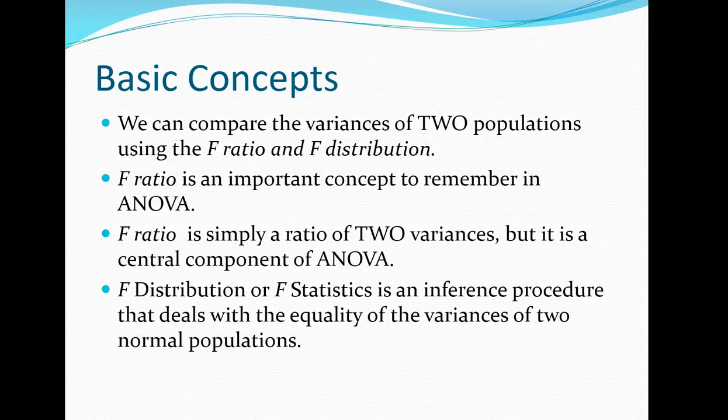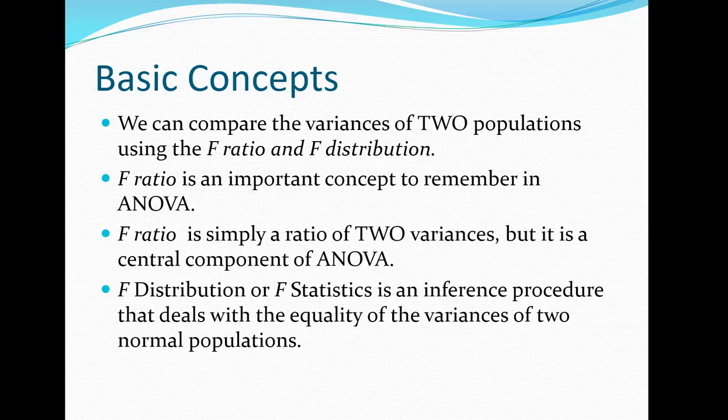And as I mentioned earlier, F ratio is simply a ratio of the two variances from two samples. It is a very important component of ANOVA. And the F distribution or F statistics is an inference procedure that deals with the equality of the variances of two normal populations.